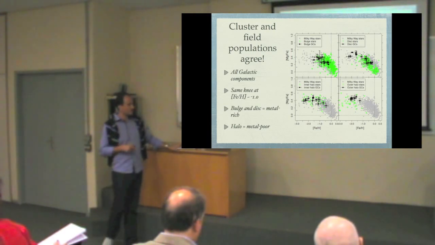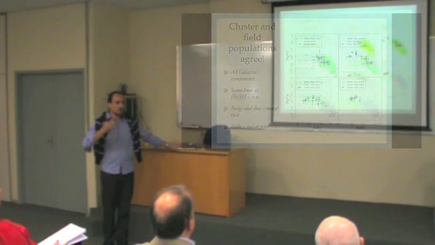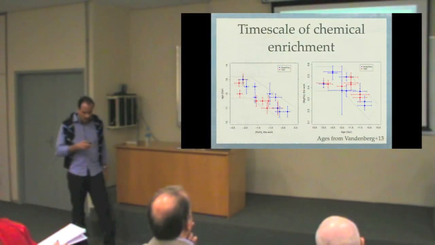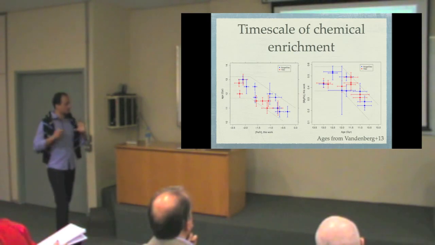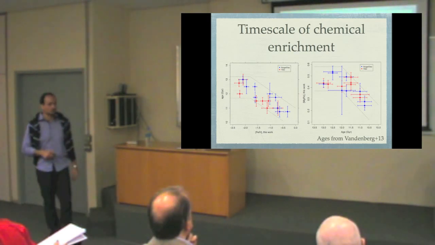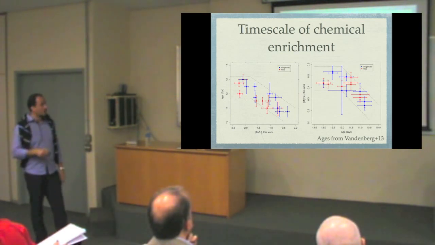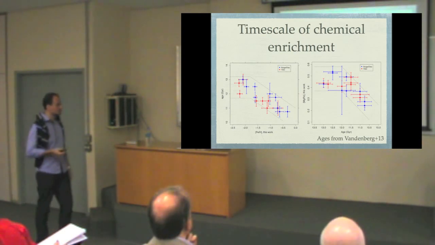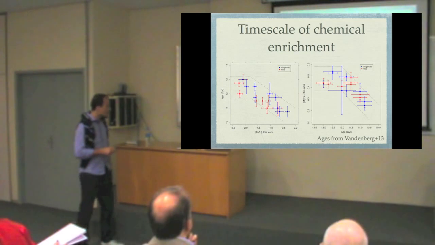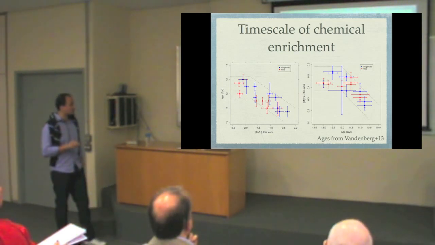Okay, so we can compare these results with the ages of these clusters to have a time scale in mind and try to trace some picture of the galaxy. Here I took some ages from a recent work, a homogeneous set of ages. However, not all clusters are in common, so I have a few clusters here, not the whole sample. So first of all, you can see in this first plot age and metallicity.